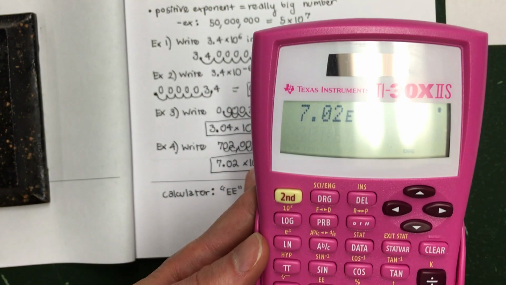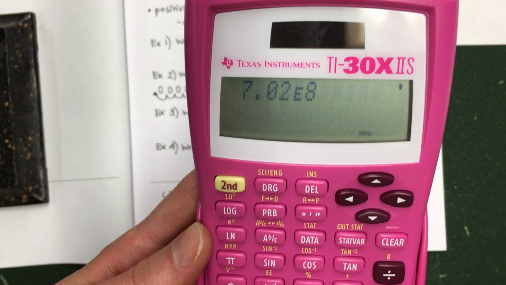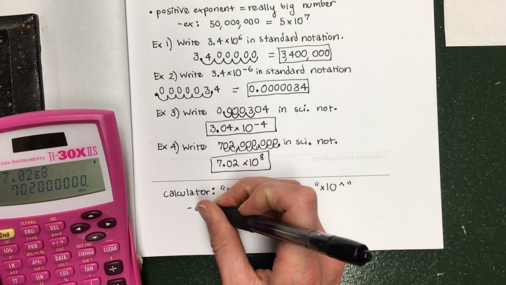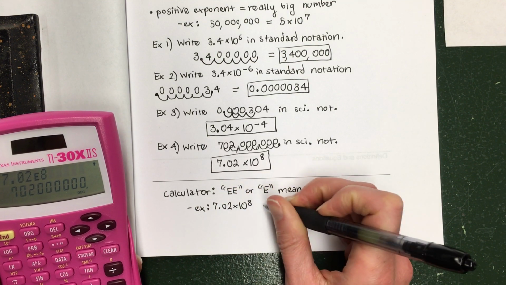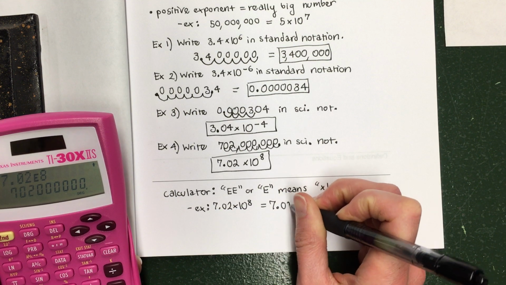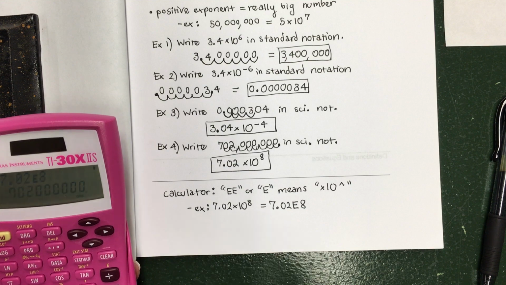And then my exponent is 8, so I just hit 8. Okay, so here's our example. 7.02 times 10 to the 8th in the calculator is going to be 7.02 e to the 8th. That's what it should look like.